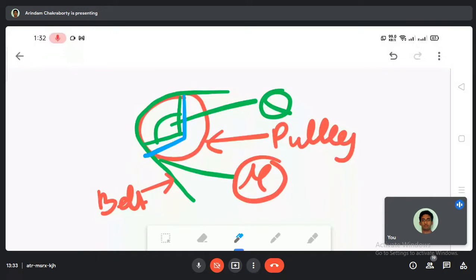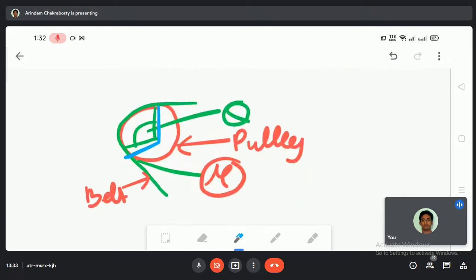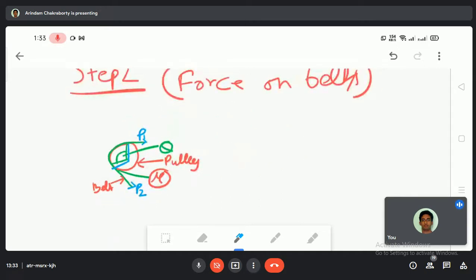So we can write a small formula from there. If you consider this to be P1 and P2, then P1 by P2 is equal to e to the power mu theta.